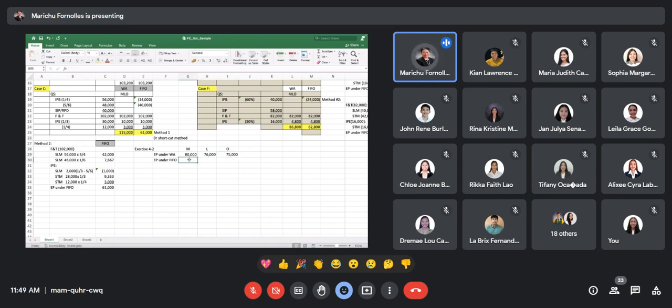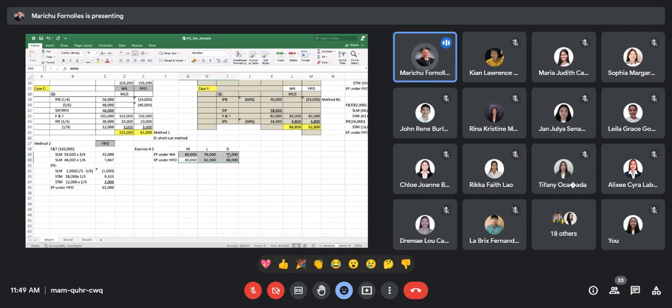Minus your EUP under first in, first out: 60,000 for materials, 62,000 for labor, and 66,000 for overhead.